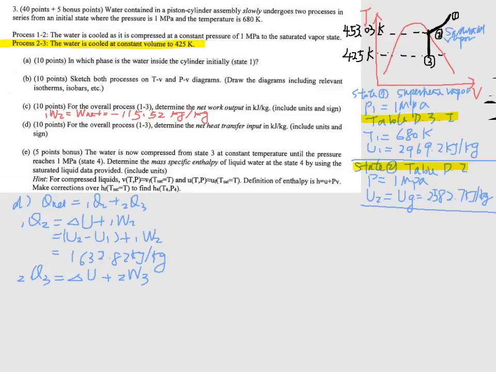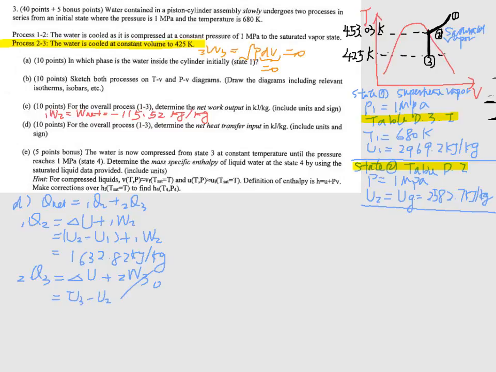That means the work from 2 to 3 is 0, because work from 2 to 3 is equal to the integral of pressure times dV. Since the change in volume is 0, the entire term is just 0. So we can cross out this term, and we're just left with delta U, which is U3 minus U2.